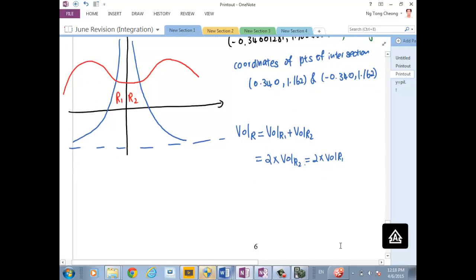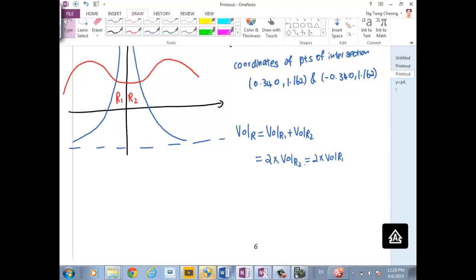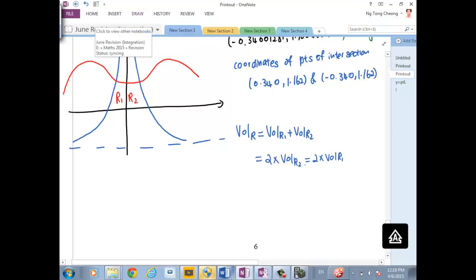This makes things a bit simpler. All I need to do is find the volume of either R1 or R2 and multiply it by 2, and I'll get the volume the question wants. I'm going to find the volume of R2, because I like to work with positive x values. It's just a personal preference.